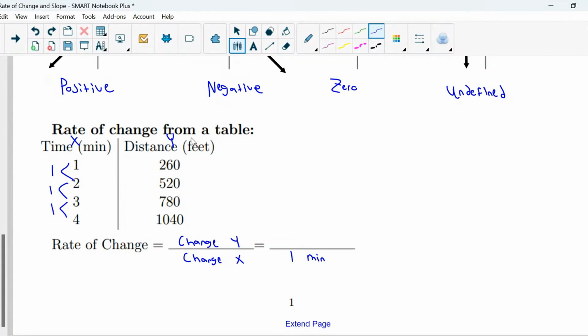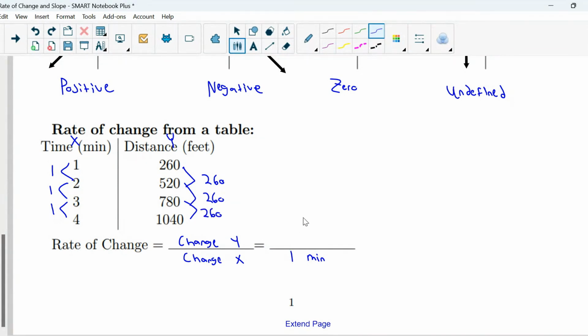With our output values, or our y values, from 260 to 520, we have a change of 260 feet. From 520 to 780, we have a change of 260 feet. And from 780 to 1040, we have a change of 260 feet.